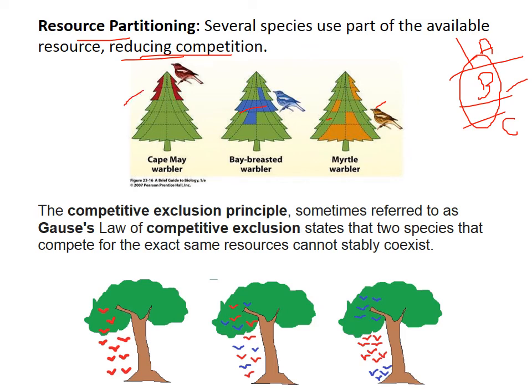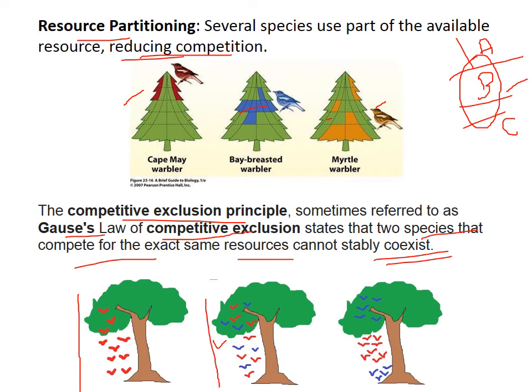Then the competitive exclusion principle, also called the Gause principle. It states that two species competing for the same resources cannot coexist. Suppose in a tree there is a red bird, but later a blue bird also comes, and they compete because they take the same food resources.